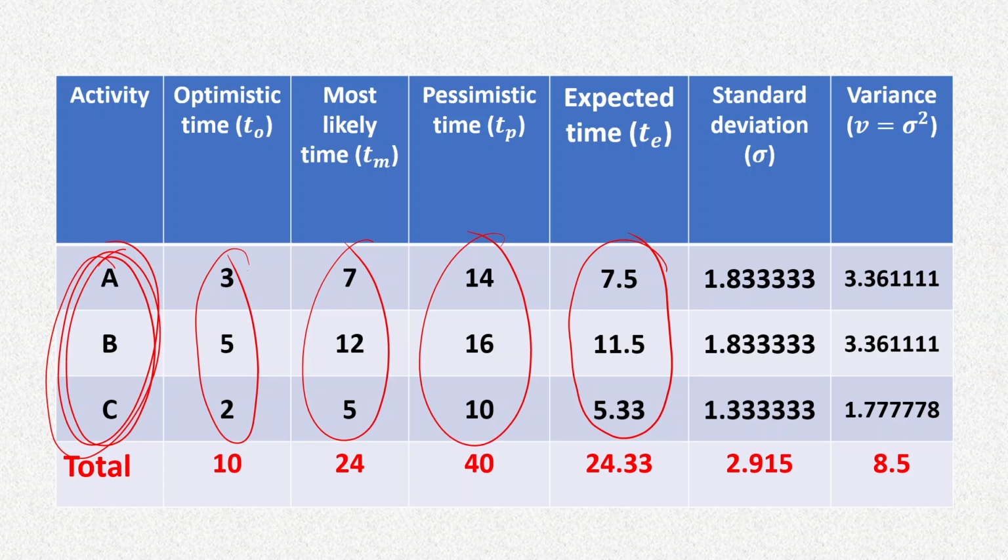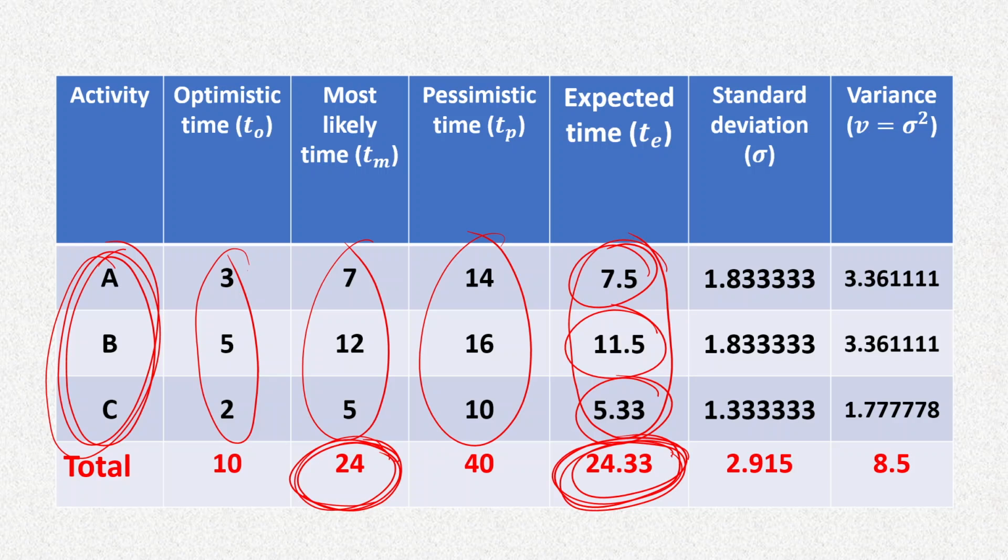Now please note here that although we have calculated expected time separately, it is coming quite close to the most likely time, and that's because the most likely time has a greater impact on calculation of the mean, which is the expected duration, and that's because in the formula itself we gave more weightage to the most likely time, and therefore it will be able to pull that mean closer to itself.